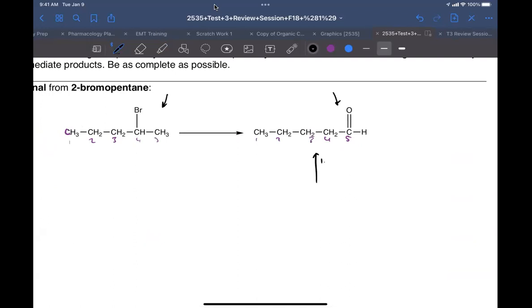You remember that's BH3, THF, then H2O, H2O2, and NaOH, my bad, has to be base. And in order to get there, we have CH3, CH2, CH2.